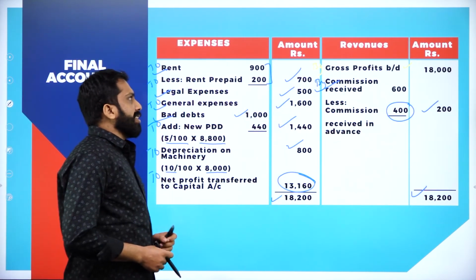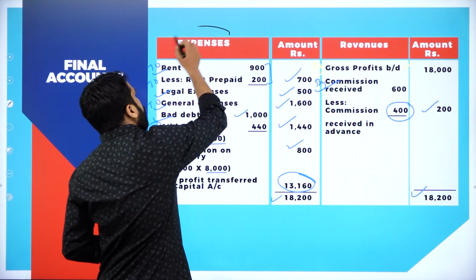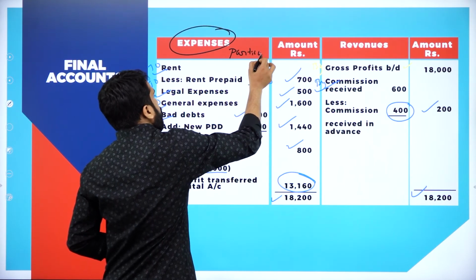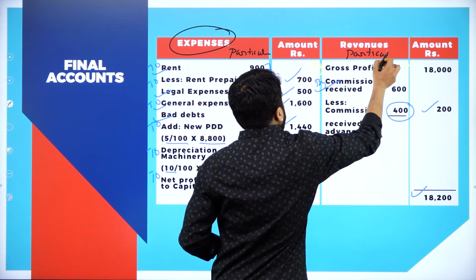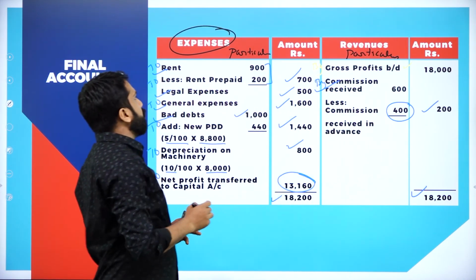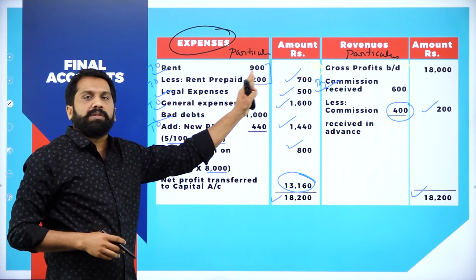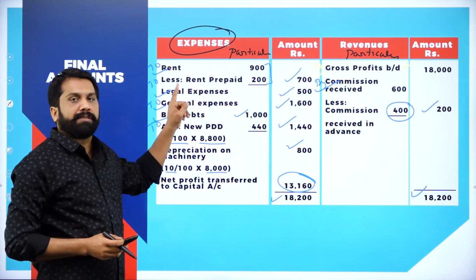Now, the next thing is profit and loss account. As I told you, instead of this, you can write particular. And here also, particular. It is left to you. You can go for expense and revenue or else particular amount, particular amount. Remember, while writing items, you have to start with to.